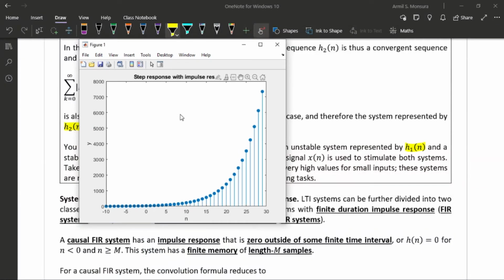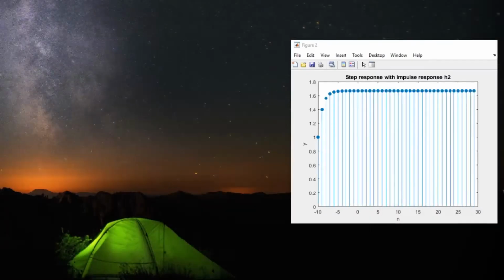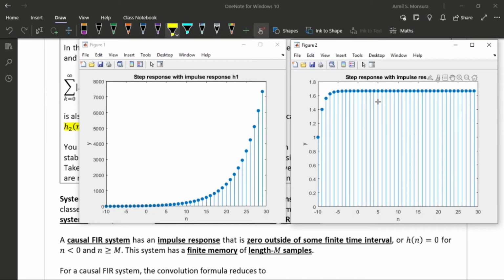This is for H1. As you can see, the step response becomes very large as your n, your time index, increases. While for H2, which is classified as stable, the step response approaches a certain finite value.